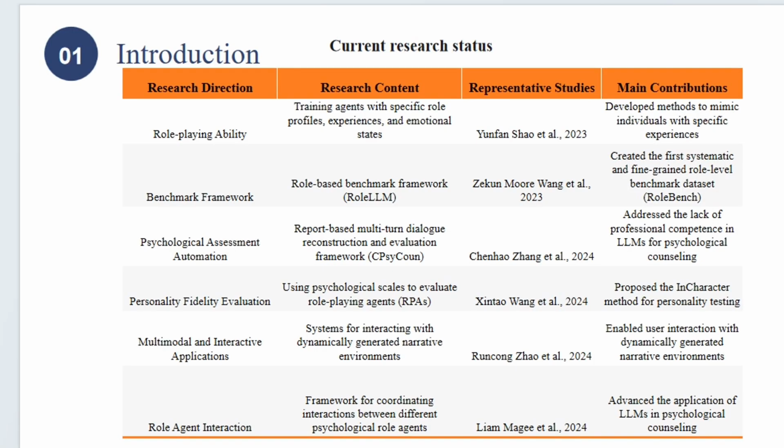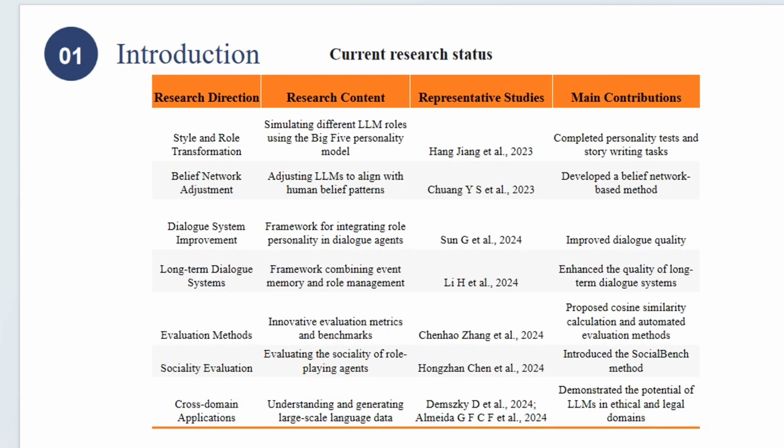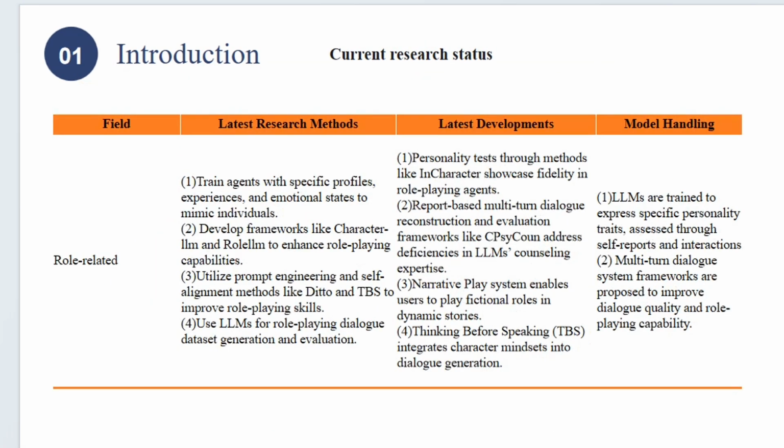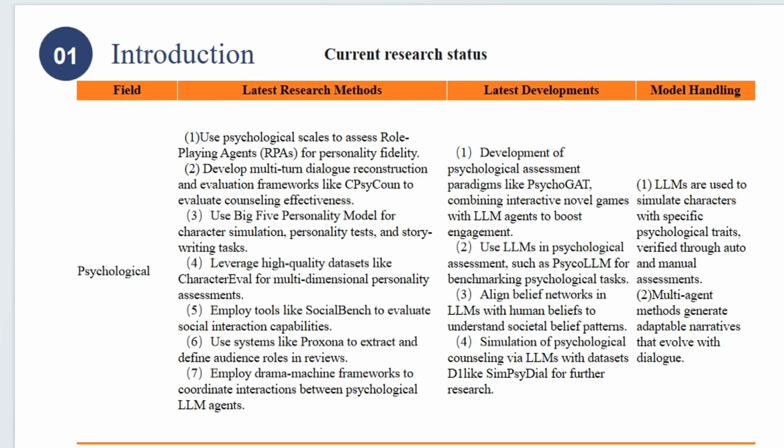This is the table we have compiled to summarize the specific details of the current research papers. We have read the research in three areas, mainly psychology, role-related and style transfer, and reinforcement learning.